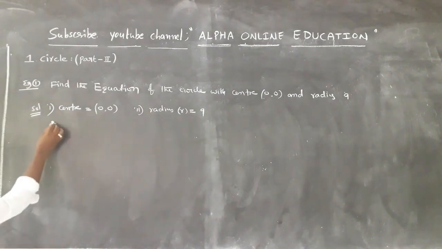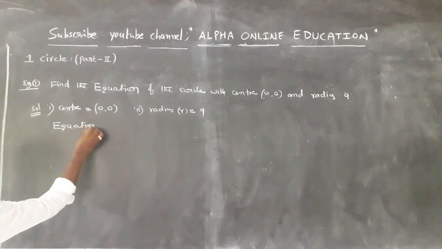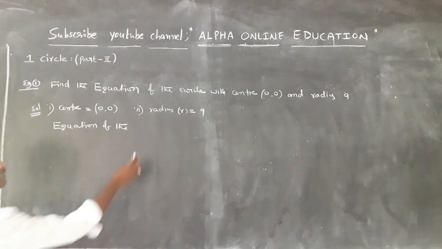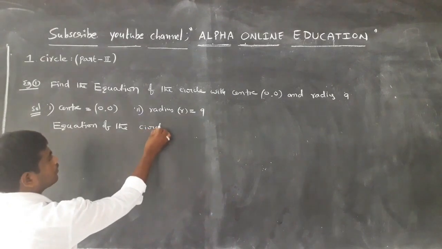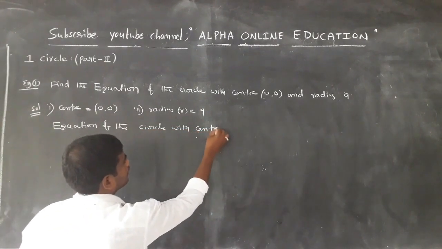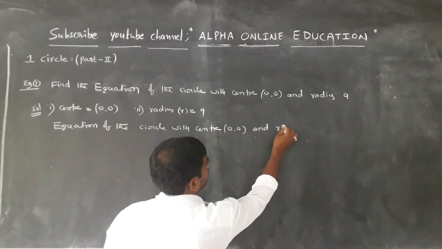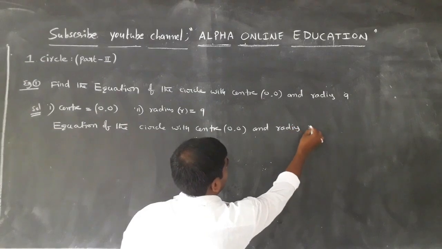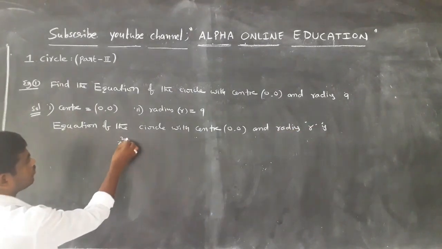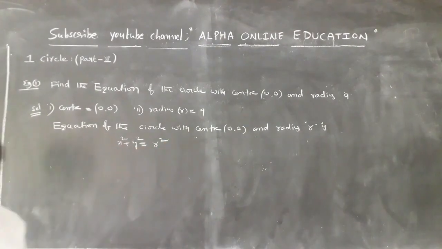By using the formula, equation of the circle with center (0, 0) and radius small r is x square plus y square equal to r square.